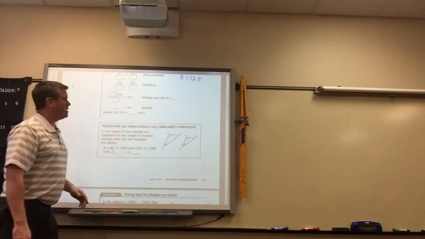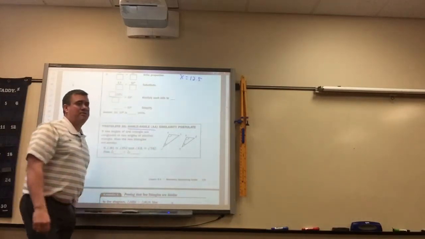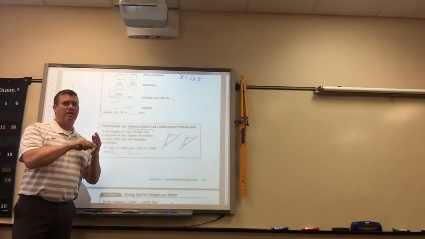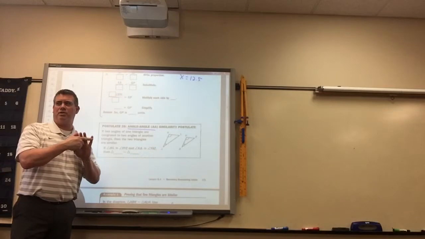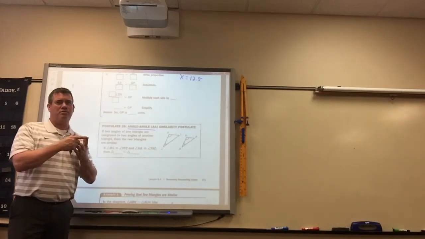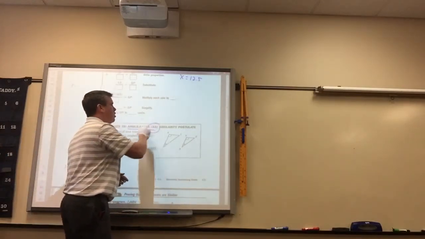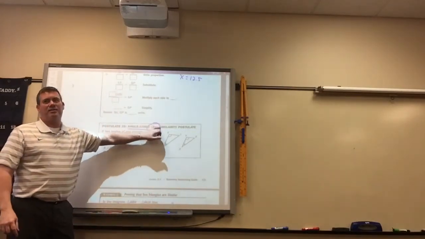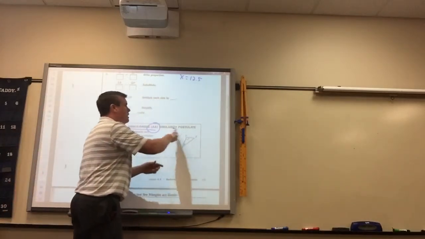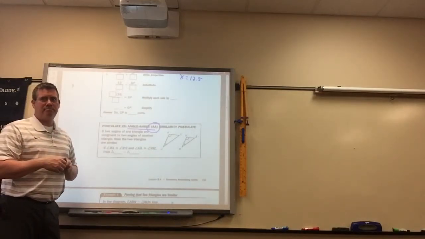Now, triangles have a shortcut to tell whether they're similar or not. In yesterday's assignment, you had to know that all the corresponding angles were congruent, and you had to know all the corresponding sides were proportional. If it's a triangle, all you need to know is this, angle, angle. If you know that two angles are congruent to the other two, then that automatically makes them proportional. All right?